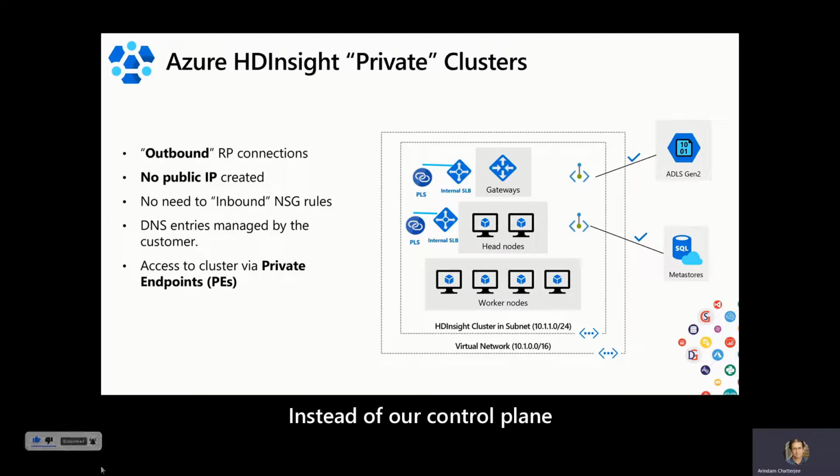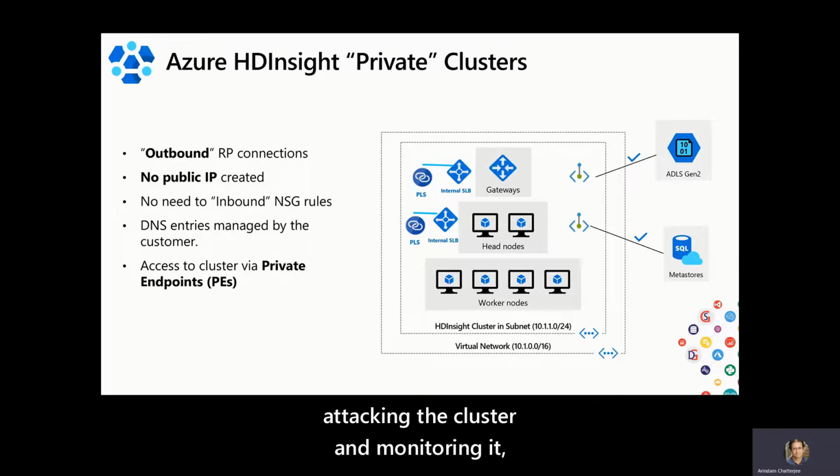Instead of our control plane contacting the cluster and monitoring it, the cluster is effectively reporting its status to the control plane at frequent intervals. This allows us to operate an HDInsight cluster with no public IP addresses, and you are truly hidden.